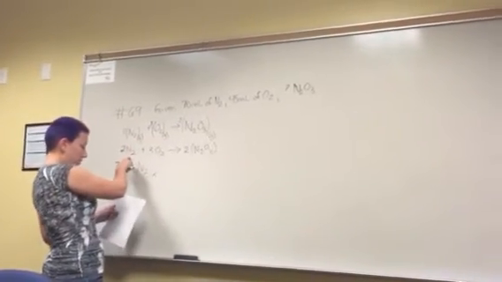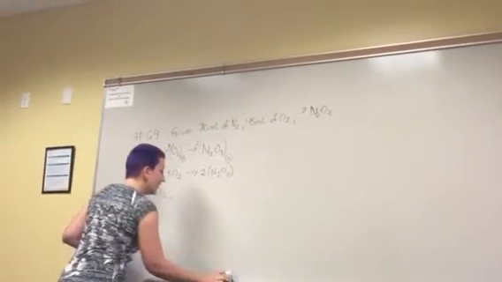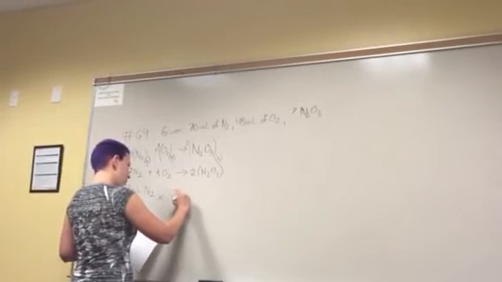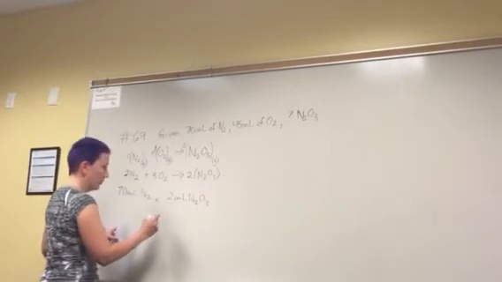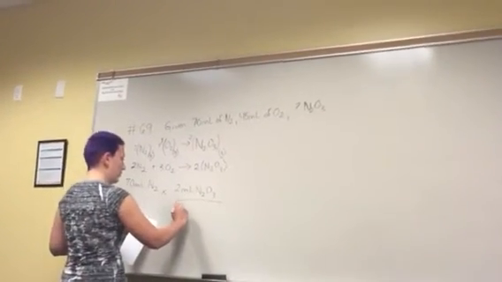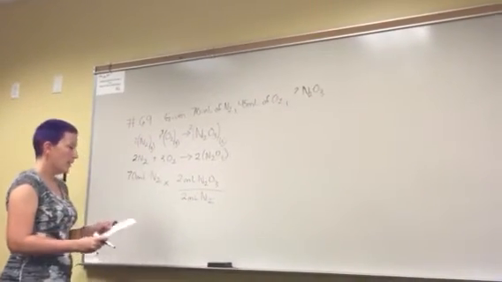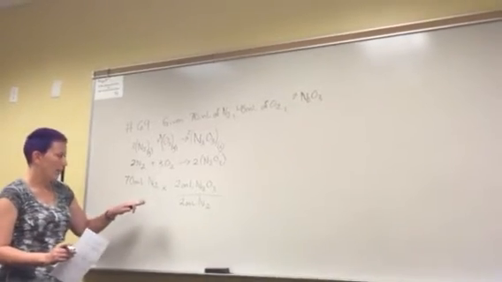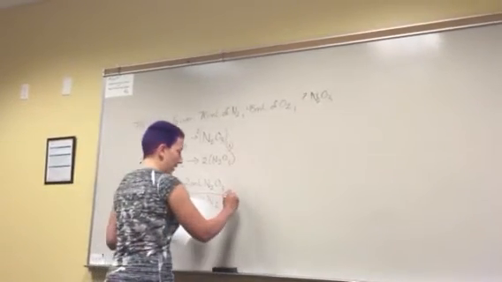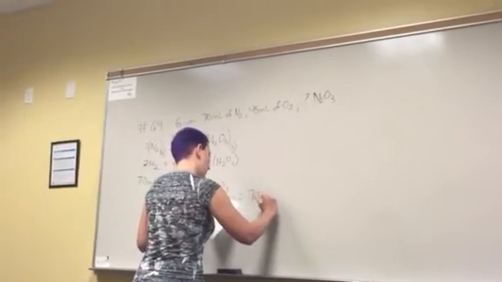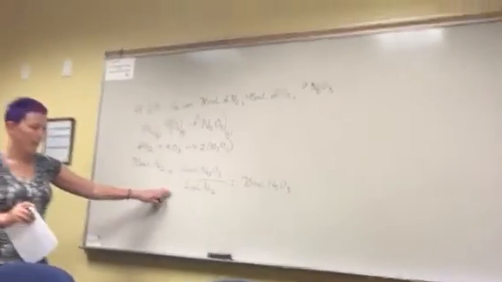I'm going to be using 2 nitrogens here, and that gives 2 milliliters of N2O3, so I'm going to use 2 milliliters of nitrogen for it. I multiply across: 70 times 2 is 140, and 140 divided by 2 gets me back to 70. So my answer is 70 milliliters of N2O3 is produced from my nitrogen.